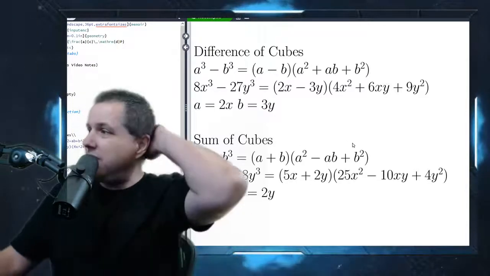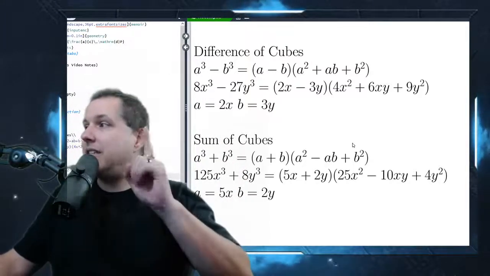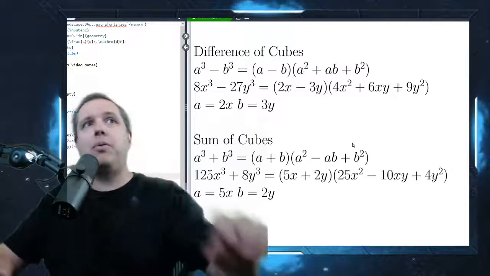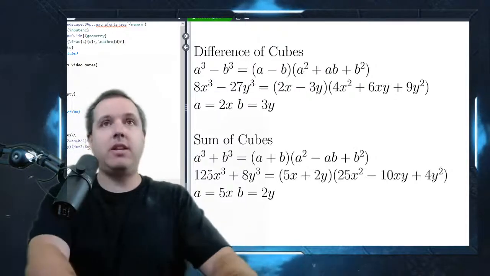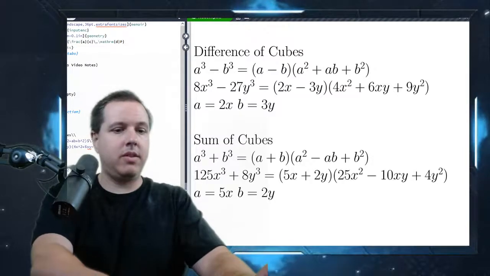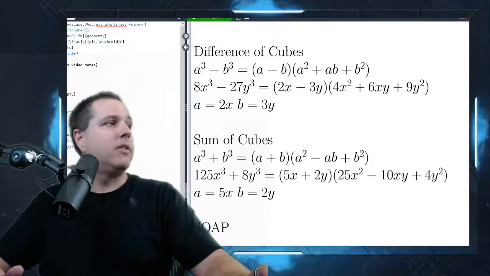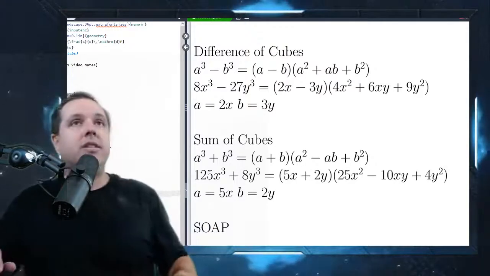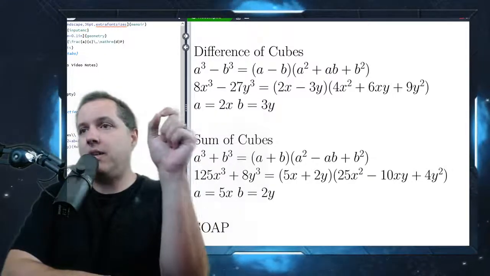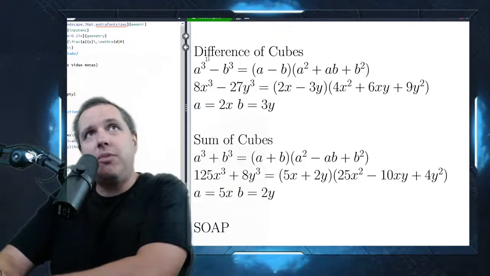And it's fair enough to say, well, that's still kind of confusing. It is, except for the acronym SOAP. Let me write it in here. SOAP stands for same, opposite, always positive. So remember, you're going to be given a problem like this that needs to be factored.